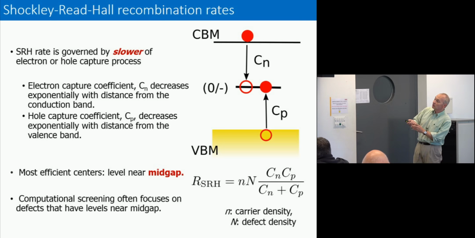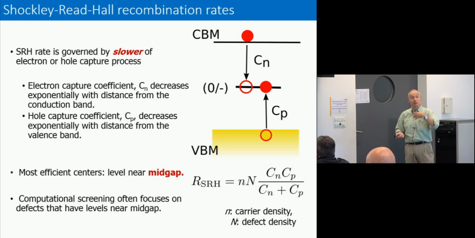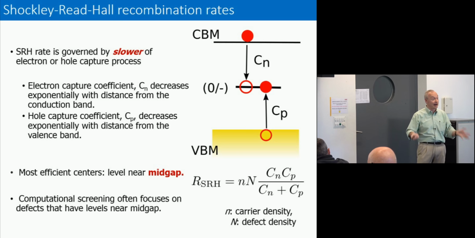Okay. Now, this has important consequences, which were pointed out already in these papers in the 1950s. And these consequences have to do with the fact that the rate of these capture processes depends on the energy difference between the band edge, where the carrier initially resides, and the defect level. Okay. If this energy difference is small, if the defect level is very close to the conduction band, for instance, the rate for capturing electrons will be high.